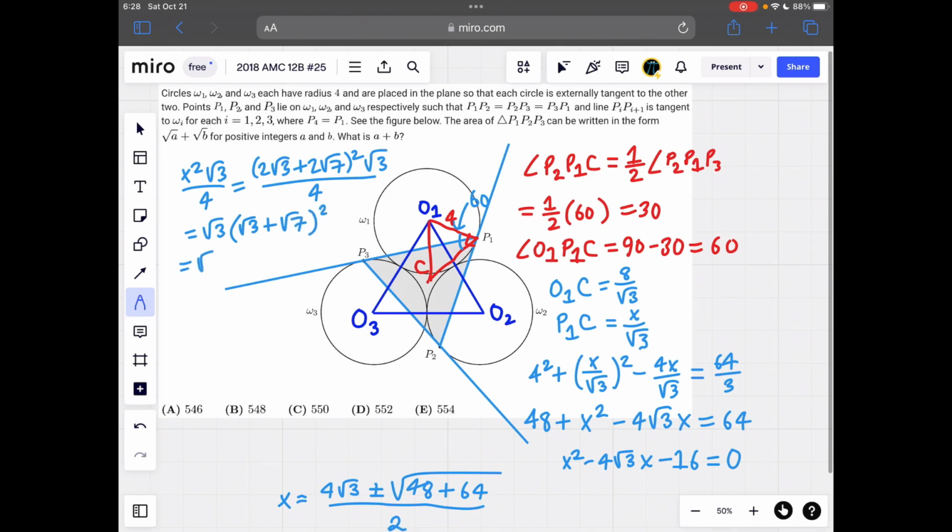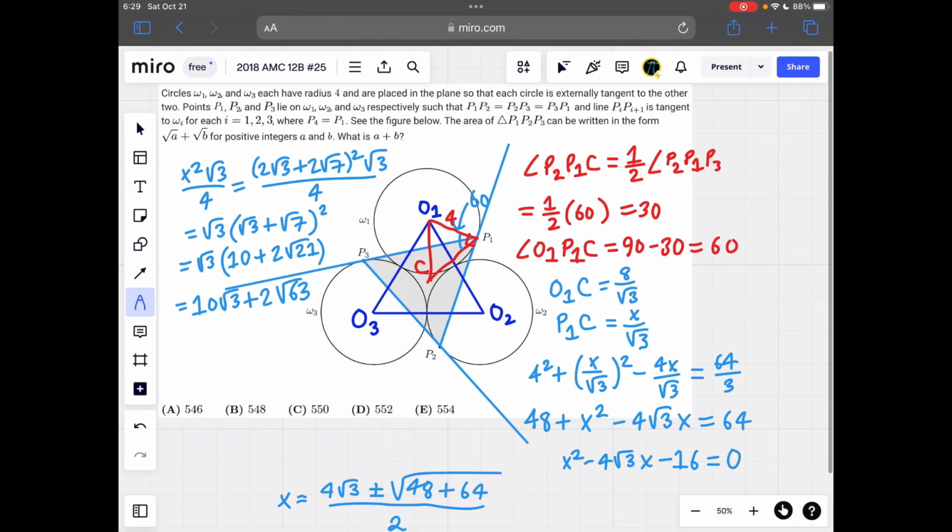And that is equal to root 3 times 3 plus 7, which is 10, plus 2 times root 3 times root 7, which is 2 root 21. So this is equal to 10 root 3 plus 2 root 21 times 3, which is 2 root 63. The area of triangle P1P2P3 is 10 root 3 plus 2 root 63.